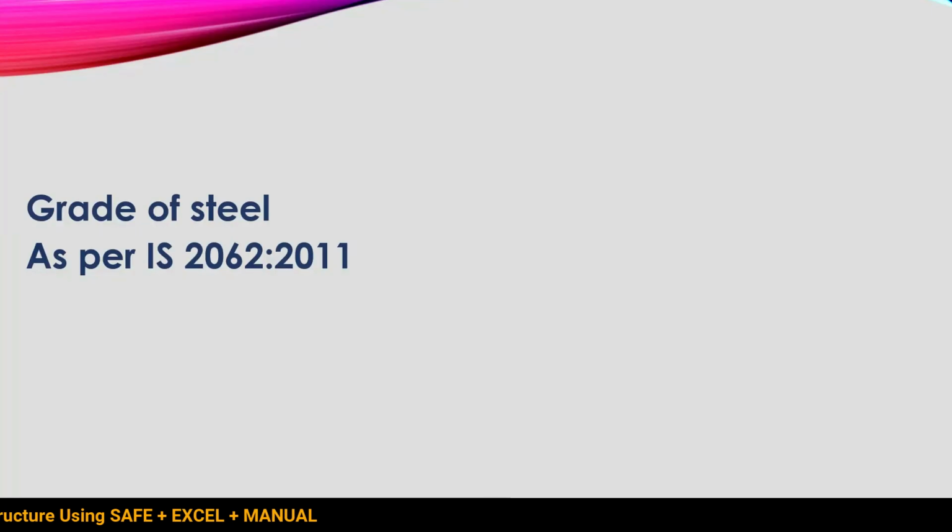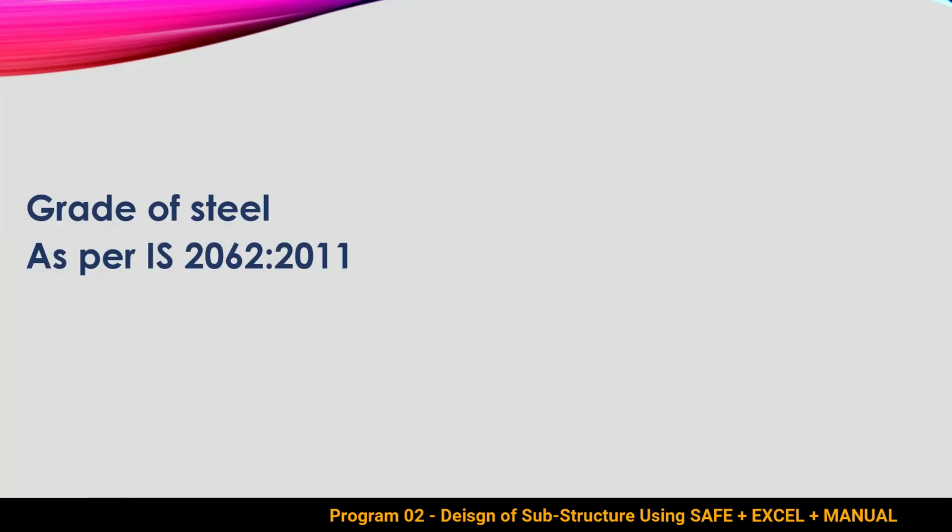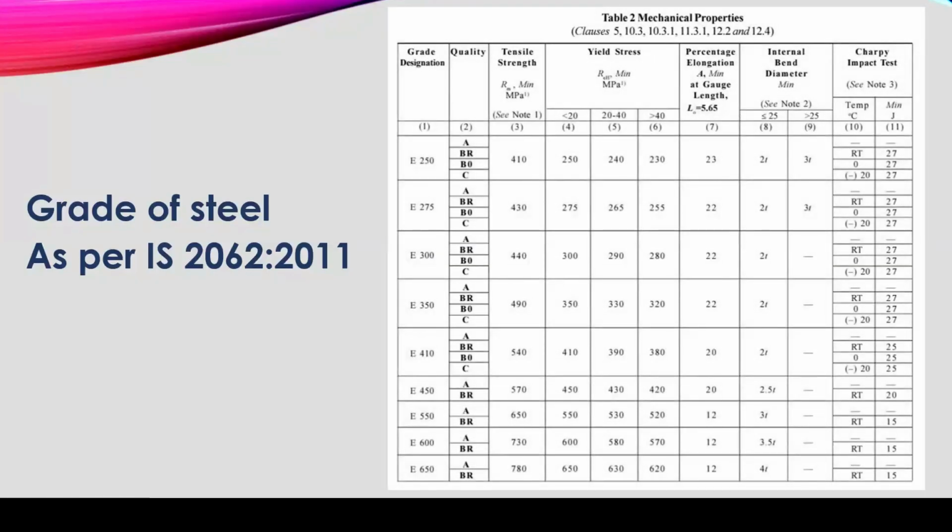Okay, so as in case of concrete, we have various grades of concrete like M5, M10, M15, M20. Nowadays we have M30, M40, M50, M60. But in case of steel, we have grades of steel as per IS 2062 2011. So these are some of the grades of steel. Generally, the hot rolled sections like ISMB 600, ISMB 500, ISMB 200, or the channel sections ISMC 100, ISMC 150, or the angle sections ISA.